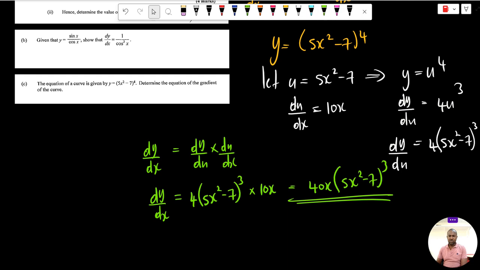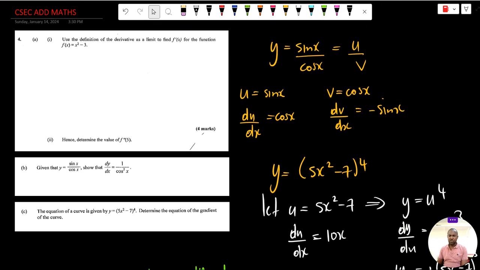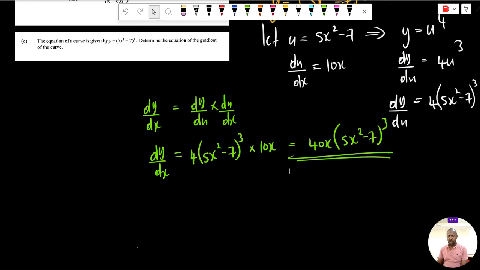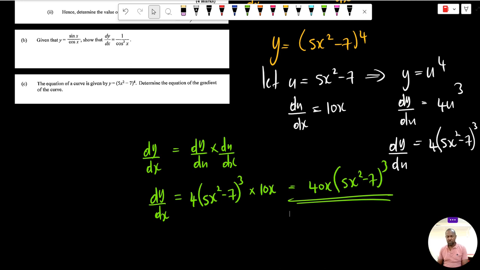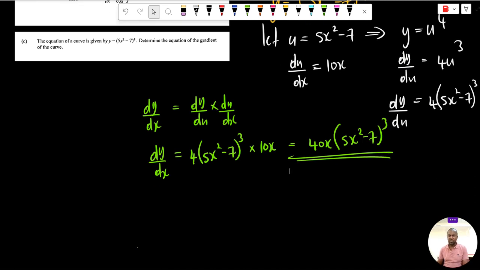All right. So we managed to use the chain rule, but of course, there is a slightly quicker version of the chain rule, and we'll do it using that, which essentially amounts to the same thing, but it doesn't involve us writing down u equals that, then finding du by dx, writing y equals that, finding dy by du, and then putting them together.